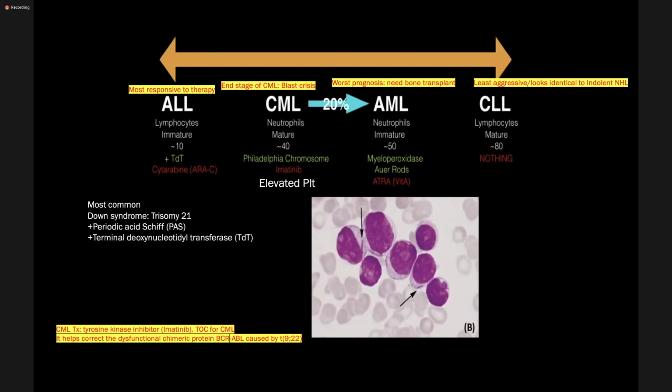Okay, so that's what you have to know about this. Now, another thing you have to know is that ALL responds very well to treatment. CLL is less aggressive. And these two in the middle have a worse prognosis. Your neutrophilic leukemias have that worse prognosis.